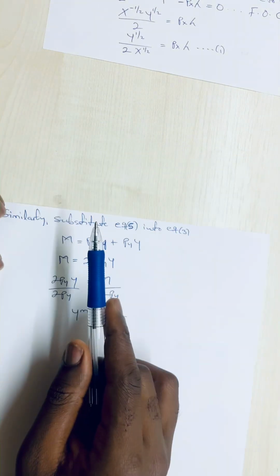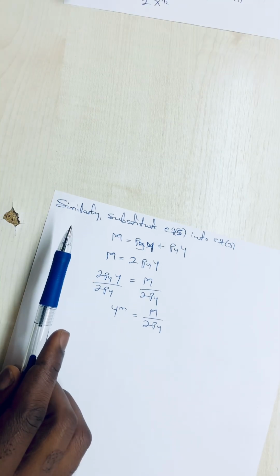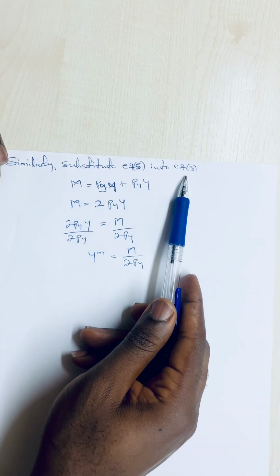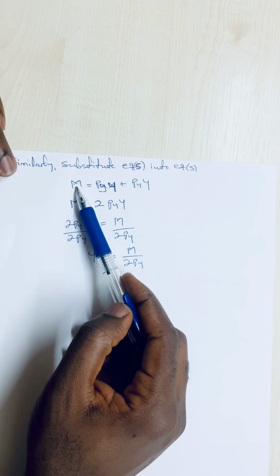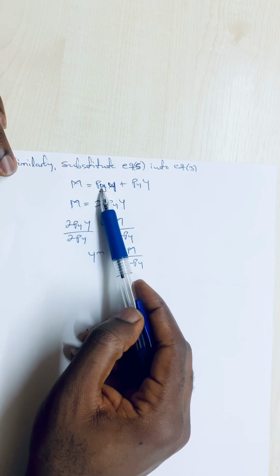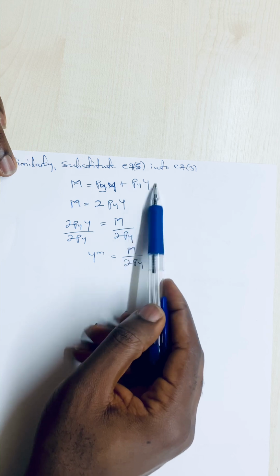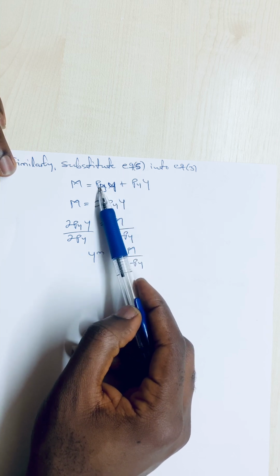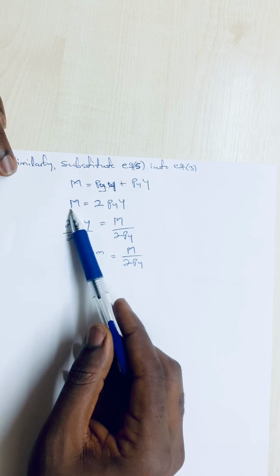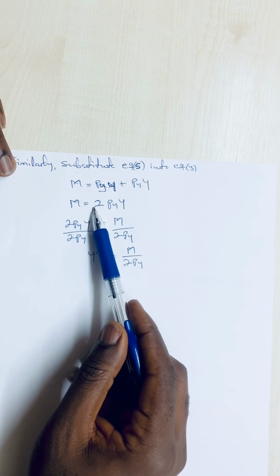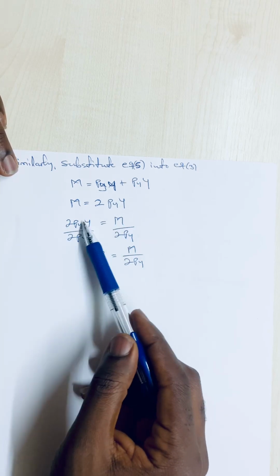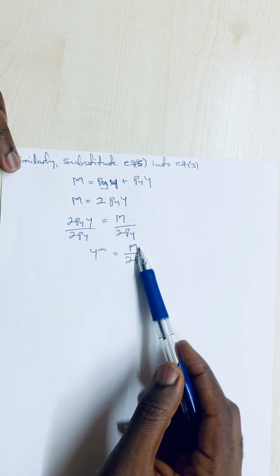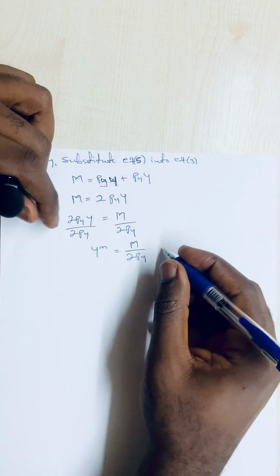Similarly, by substituting equation 5 into equation 3, we end up getting M equal to PY y plus PY y, because equation 5 says PX x equals PY y. So you have M equals 2 PY y. You divide both sides by 2PY, and it gives you y equals M over 2PY.